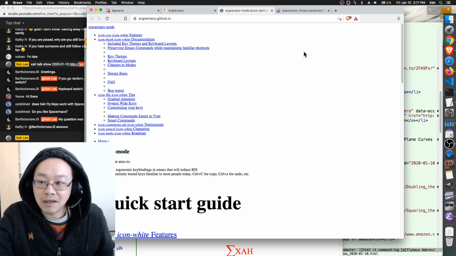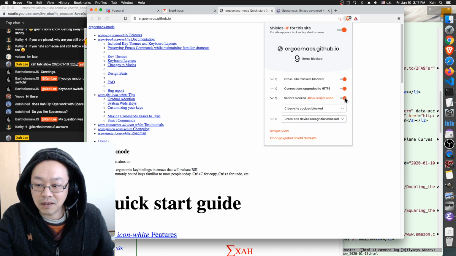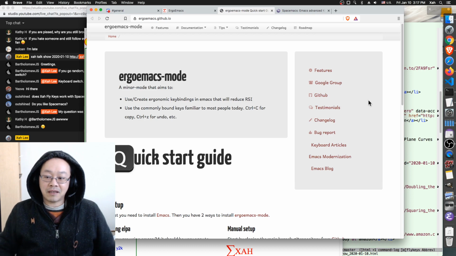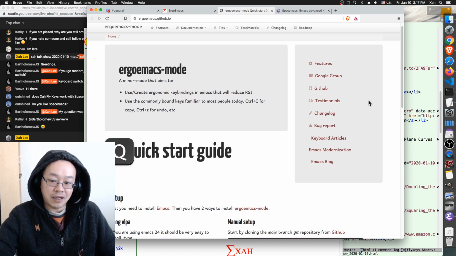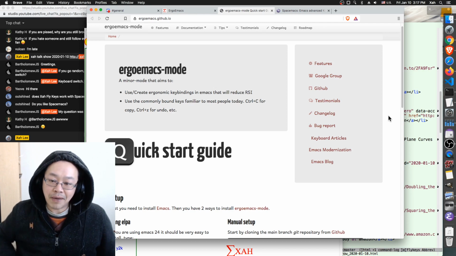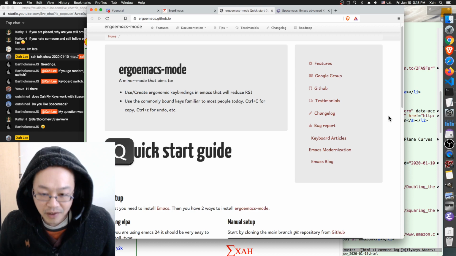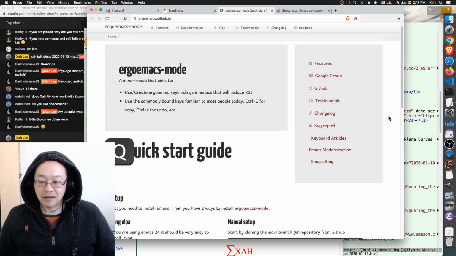Wait, this doesn't look good. What's going on? So you need JavaScript. Okay, now that's how it's supposed to look. So ergoemacs mod. This package is an efficient key binding for Emacs, and I began it around 2007 also.